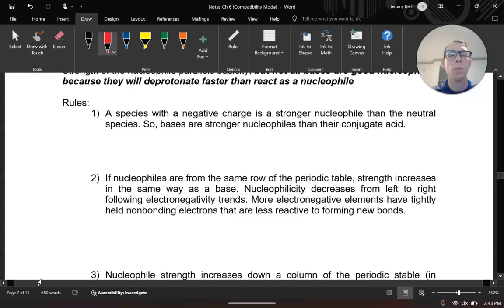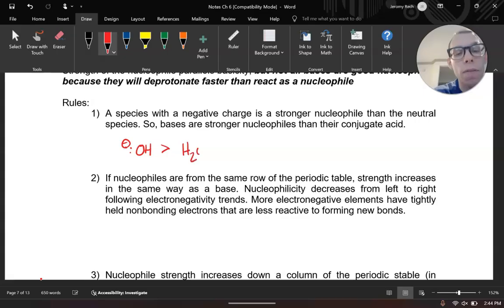Our very first one is, if you have a negative charge, you're going to be better than something that is neutral. So we are generally going to be looking for things that carry negative charges. For example, hydroxide is going to be a better nucleophile than water.